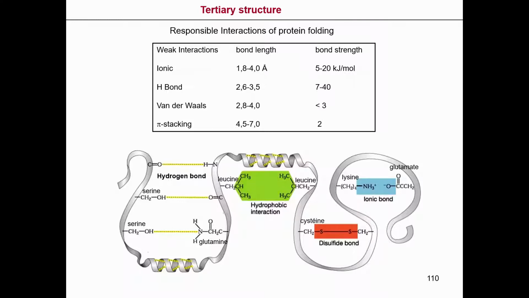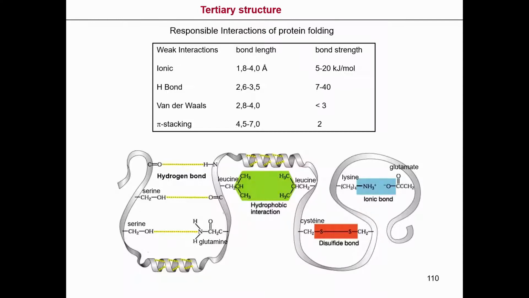And it will give the shape, the 3D structure of the proteins. And all the side chain of the amino acid will have interaction with other amino acid. So all this weak interaction will give the 3D structure of the proteins.